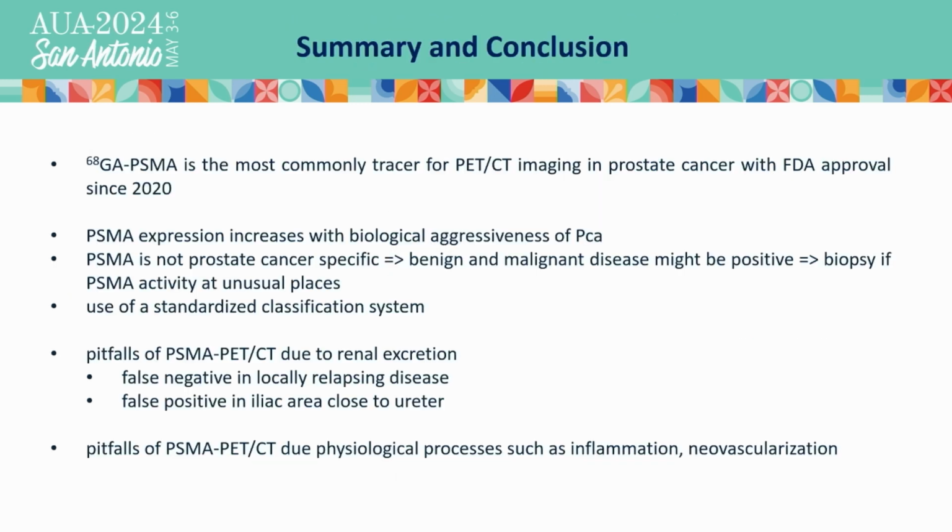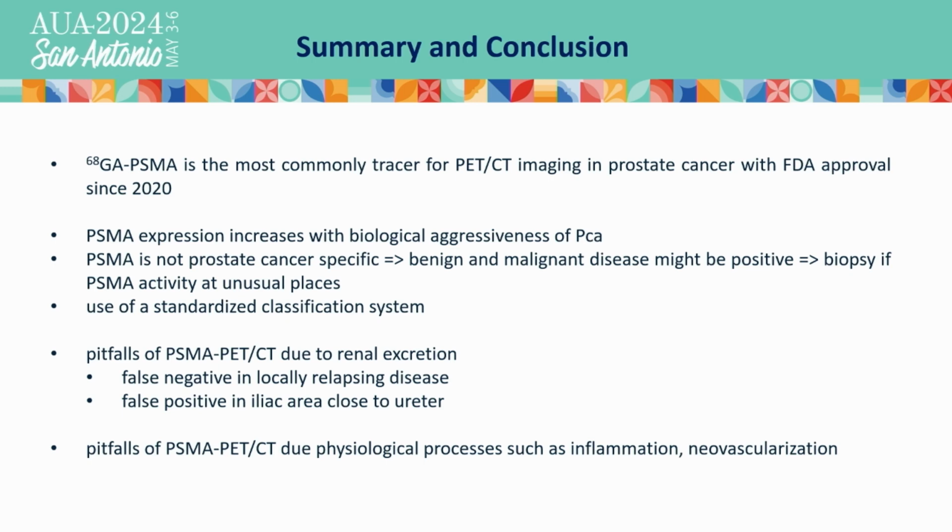So in summary, the gallium PSMA PET CT scan is the most commonly used tracer for the evaluation. The PSMA expression increases with biological aggressiveness of prostate cancer. And you have to remember, PSMA is not prostate cancer specific.